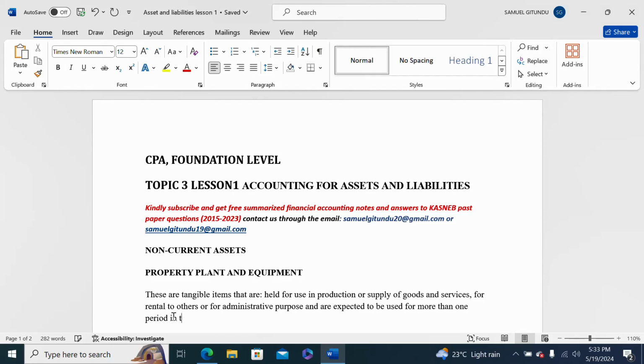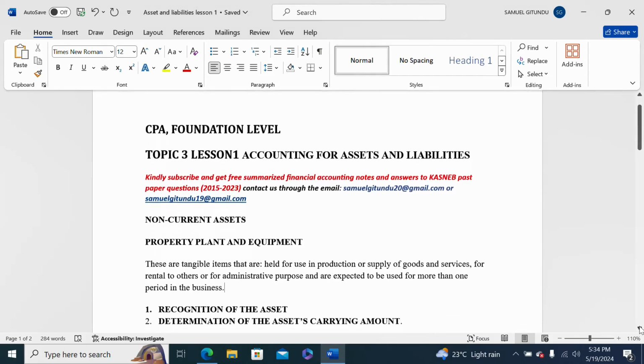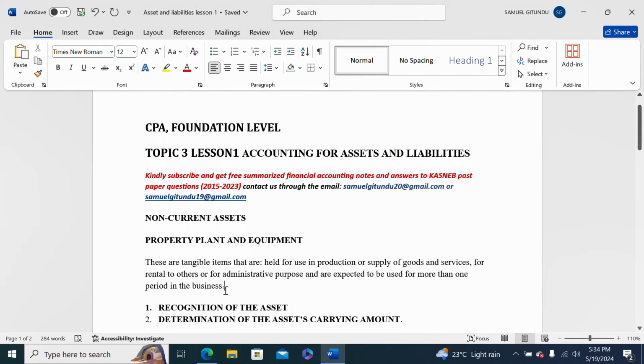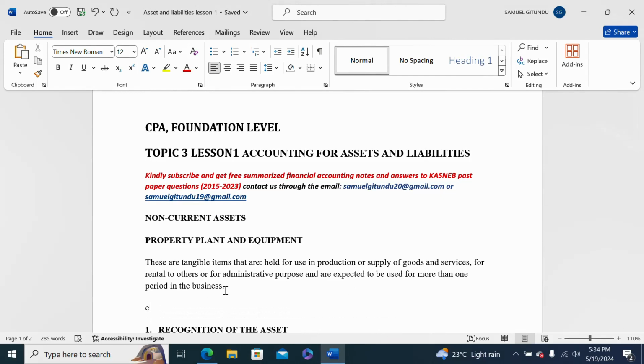So any tangible item which is held by the business for production or supply of goods and services, or for rental to others, or for administrative purpose, is classified under non-current asset. And so we can give examples of this non-current asset.